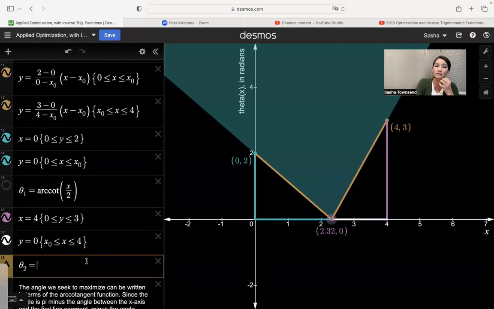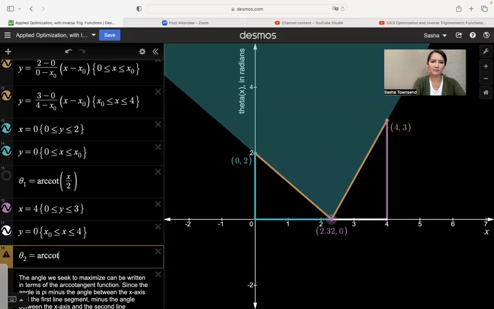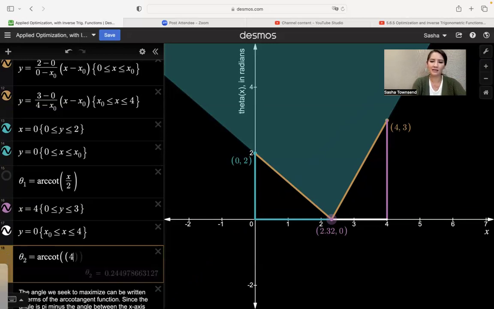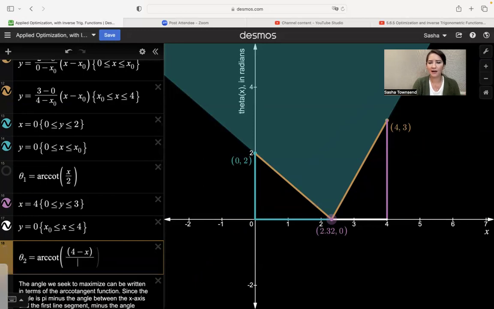So I can use the arc cotangent again. We know that theta sub 2, the angle between the orange line segment and the white line segment, is the arc cotangent of the adjacent side, which is 4 minus x, divided by the opposite side, which is 3.